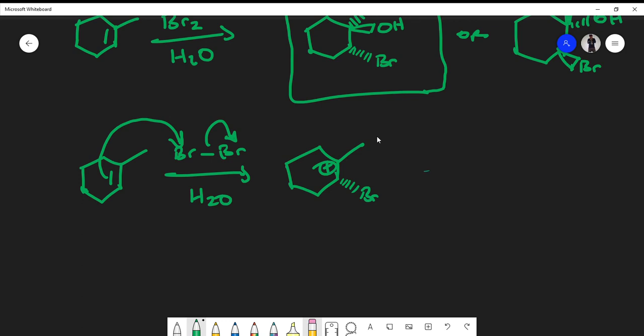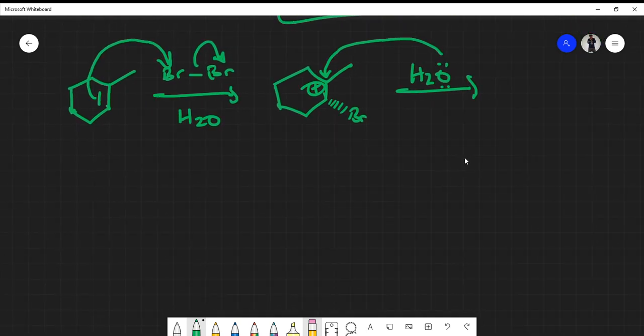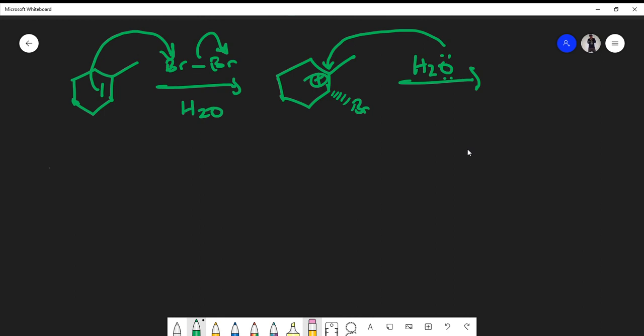The next thing that happens is that water comes in and acts as a nucleophile. The oxygen in water comes in and attacks the carbocation, and thus we've created this molecule. There's our bromine. Nothing changes with the bromine; it is not involved in the reaction at this point.